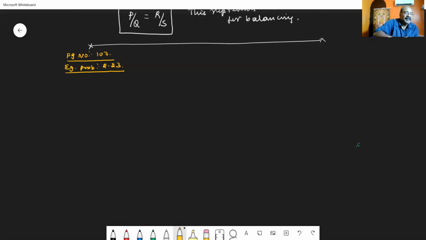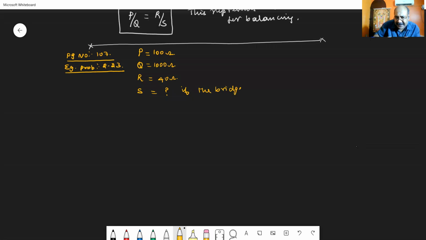What is given? 4 resistors are given. What are the 4 resistors? The value of P is considered to be 100 ohm. The value of Q is considered to be 1000 ohm. Value of R is equal to 40 ohm. And you are asked to calculate the value of S if the bridge is balanced.